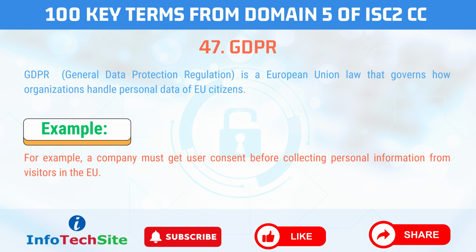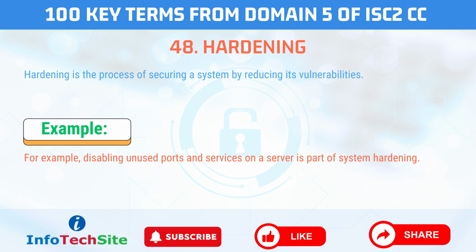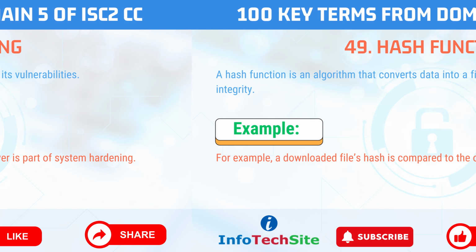For example, a company must get user consent before collecting personal information from visitors in the EU. 48. Hardening. Hardening is the process of securing a system by reducing its vulnerabilities. For example, disabling unused ports and services on a server is part of system hardening.